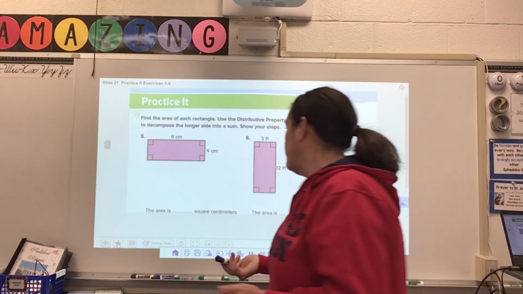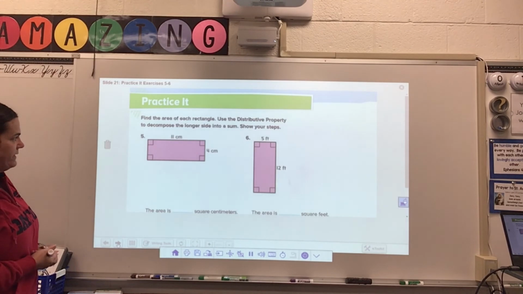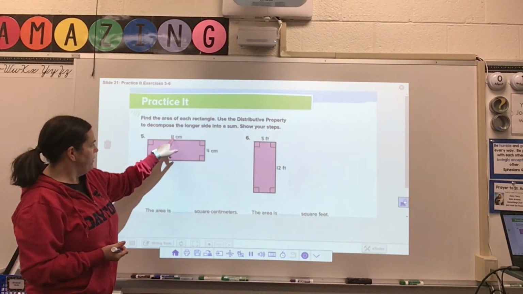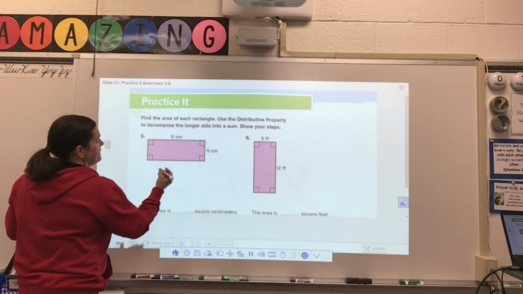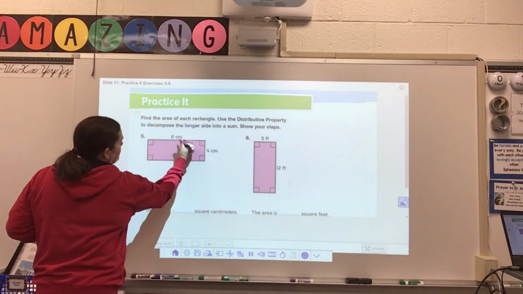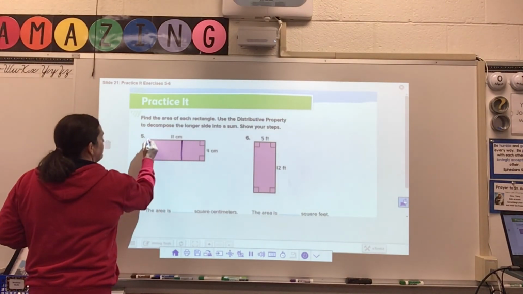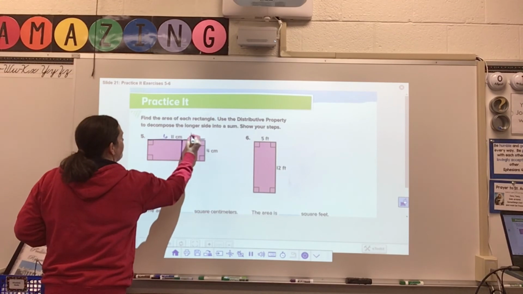So if I look at this rectangle, it's 11 centimeters by 4 centimeters, and I do need to decompose the longer side. So I need to decompose the 11. I'm going to make it a little easier, and it doesn't have to be perfect where you draw your line. I'm just going to decompose it right here, and that's going to be 6 centimeters and 5 centimeters.